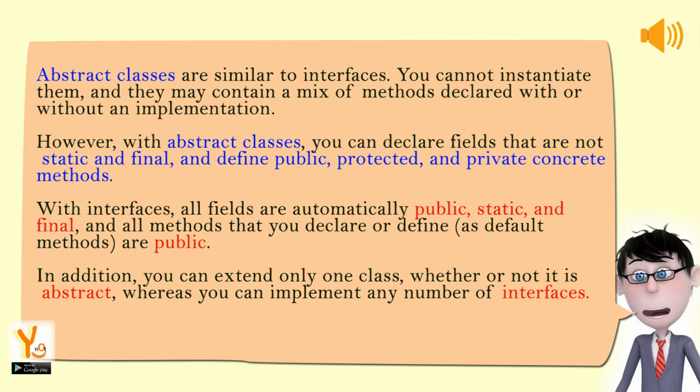With interfaces, all fields are automatically public, static, and final, and all methods that you declare or define as default methods are public. In addition, you can extend only one class, whether or not it is abstract, whereas you can implement any number of interfaces.